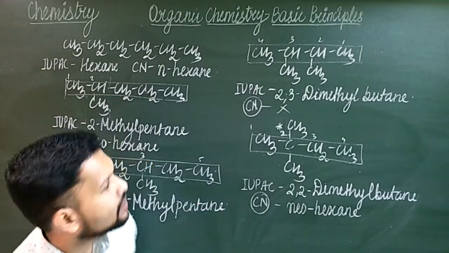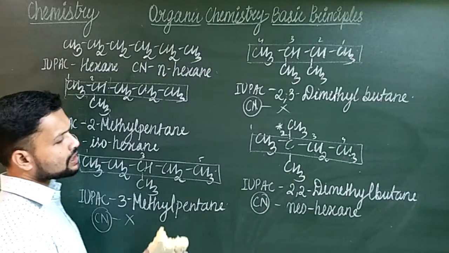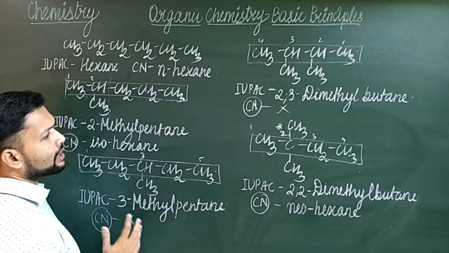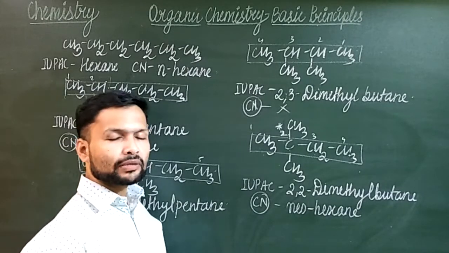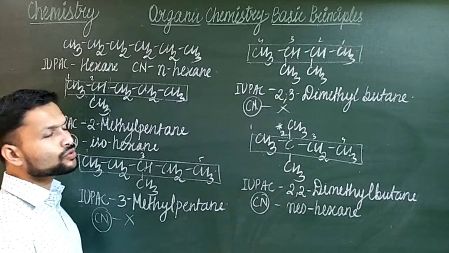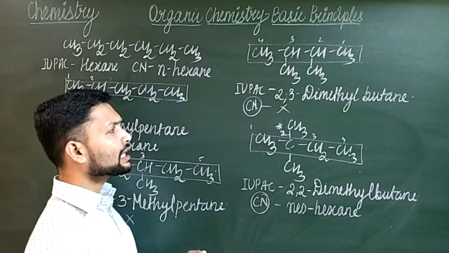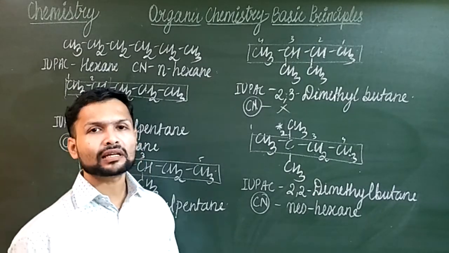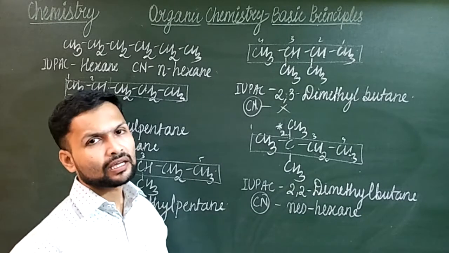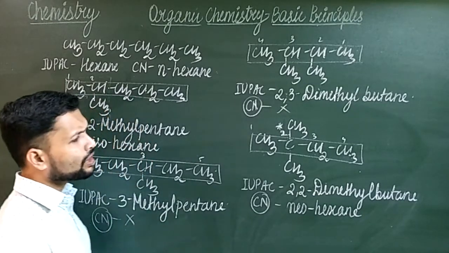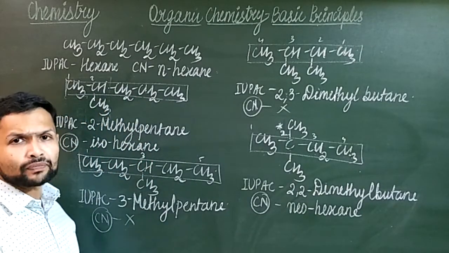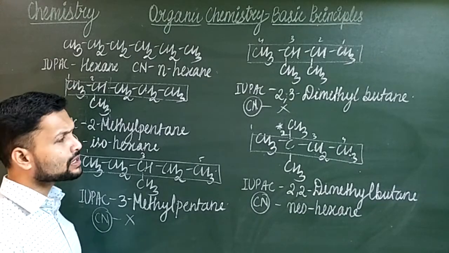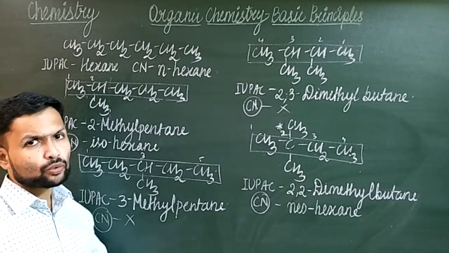So if you understood how to give IUPAC and common names till here, most of the issues are sorted for you. In case of reactions, they generally don't ask a chemical reaction with a decane or anything of that sort. So generally what they use is this only. So you should be aware of these IUPAC names and common names because these are the most frequently used questions.